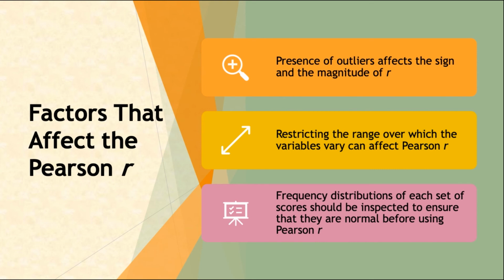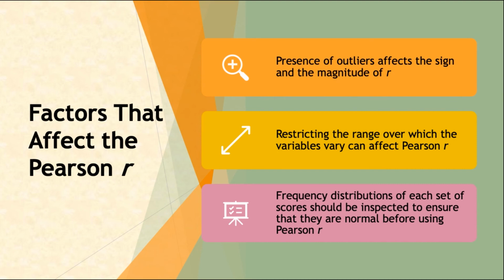Finally, Pearson R reflects the degree to which the relationship between the two variables is linear. Because of this assumption, take steps to determine whether the relationship appears to be linear or not.